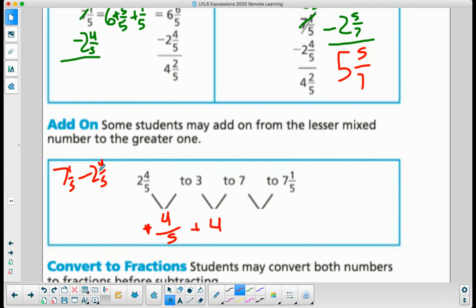So now I've gone from 2 and 4/5. Think of myself on a number line. I'm starting at 2 and 4/5. I went up 1/5 to 3. I went up to 7, which was going up 4.